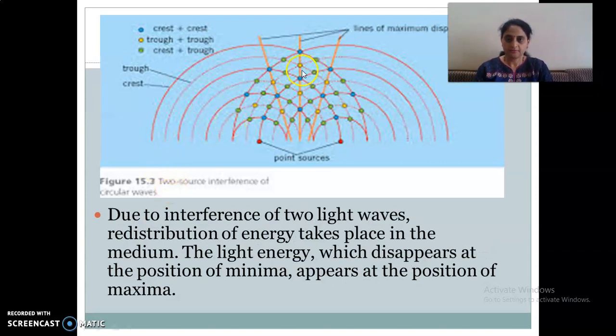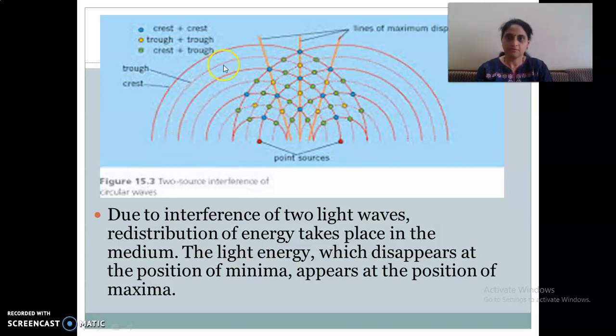Look at this figure. In this figure, these are the waves, circular waves on the water surface. This dotted line overlaps with the dotted line, meaning trough overlaps with trough.